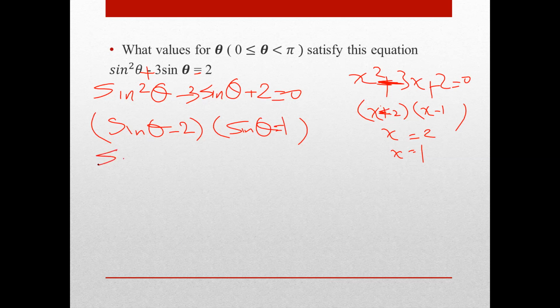Okay, so sine theta would be 2, and sine theta would be 1.